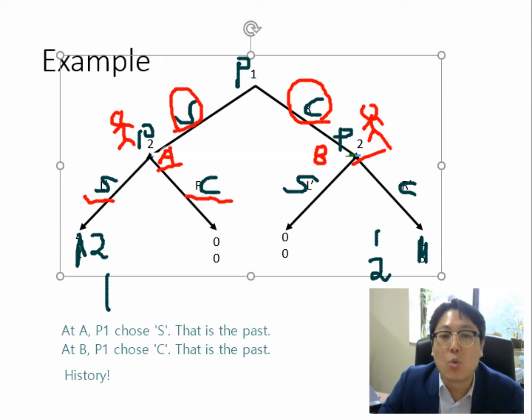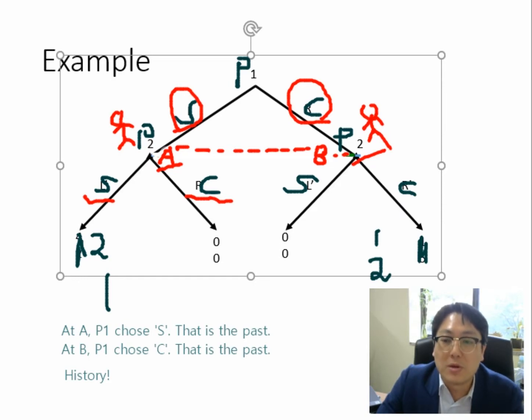But we have a way to do that. If we draw a line here, it represents that the second player does not distinguish which node the player is standing at.